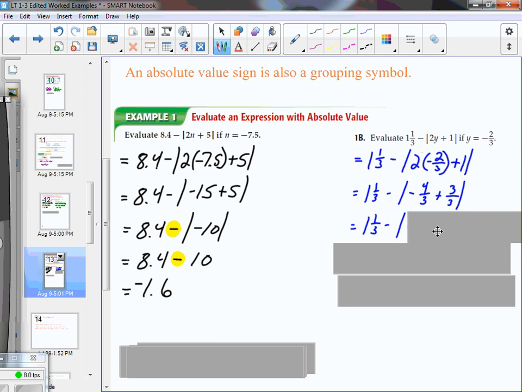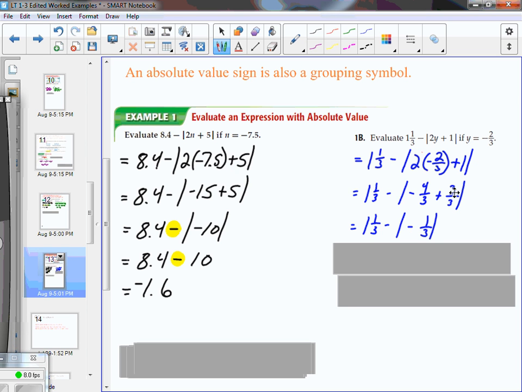I've got a common denominator. Add the numerators. Negative 4 plus 3 is negative 1. So negative 4/3 plus 3/3 is negative 1/3. Did you follow me? Maybe. I mean, would you know that negative 4/3 plus 1 is negative 1/3?